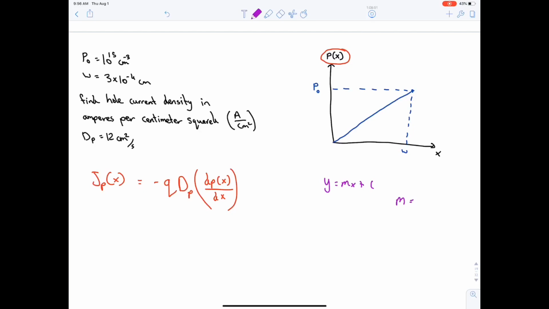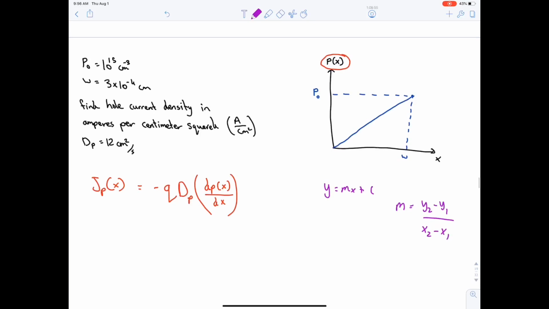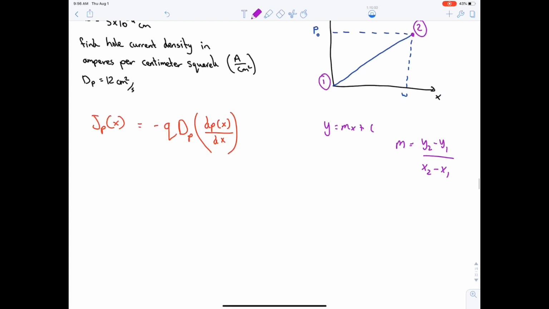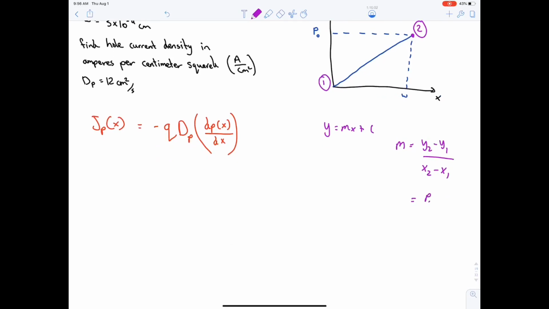So m is the slope, we need y2 minus y1 over x2 minus x1, two points. Let's say this is point number 2 and this is point number 1. So y2 is p naught, y1 is 0, x2 is omega, and x1 is 0. So it will be p naught over omega.